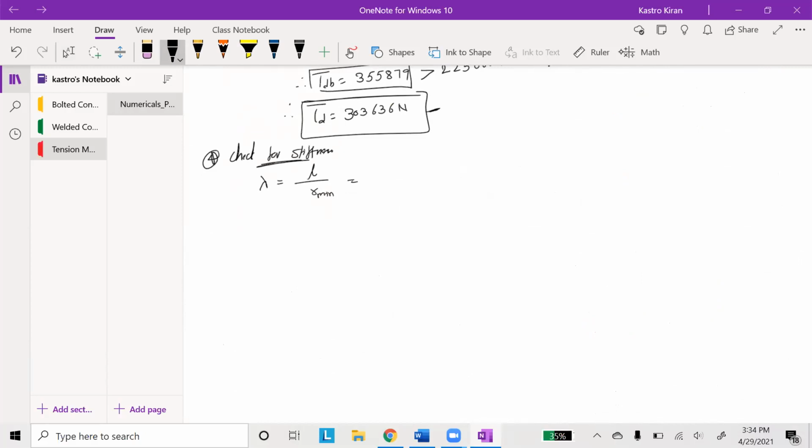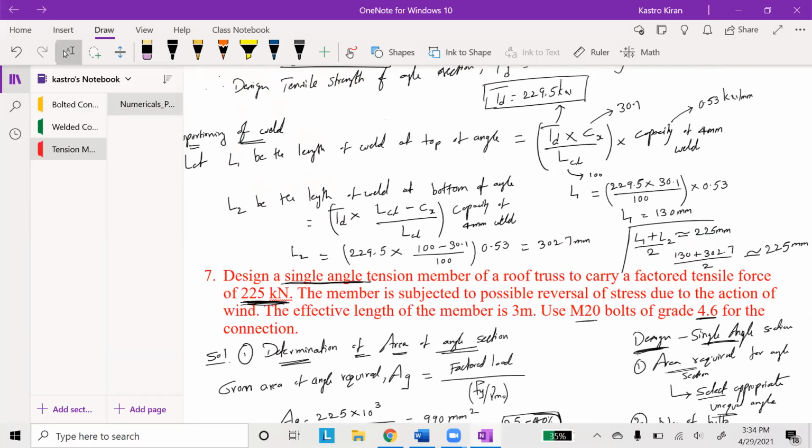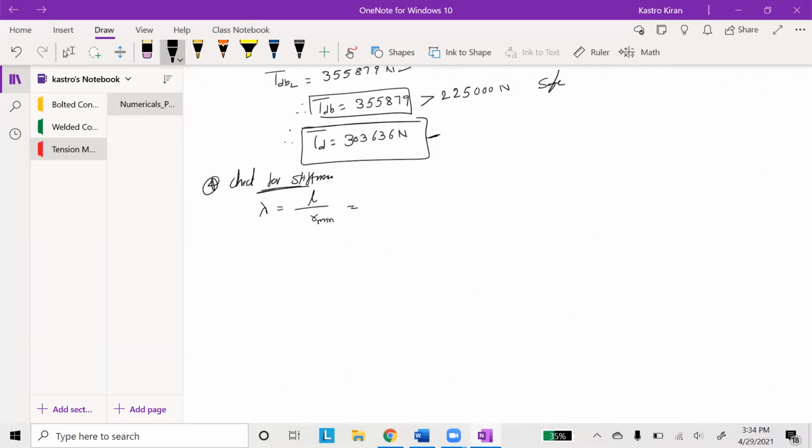So the length is given in the question, which is 3 meters. The effective length of the member is given as 3 meters. So you can make it as L_e by R minimum. So 3 meters I'm converting into mm, that is 3000, and R minimum.